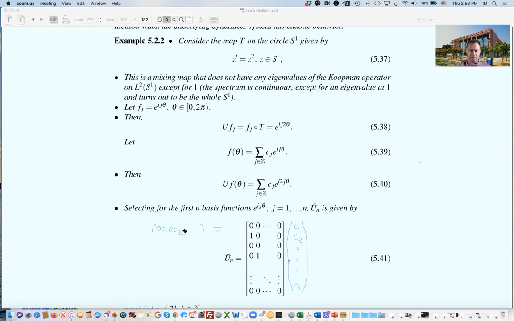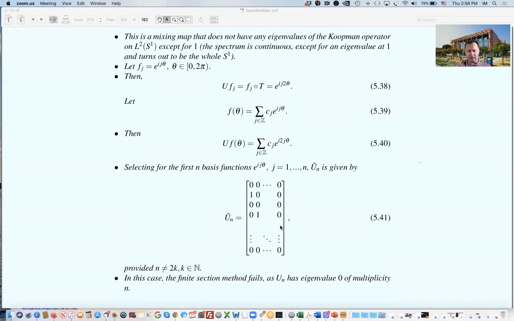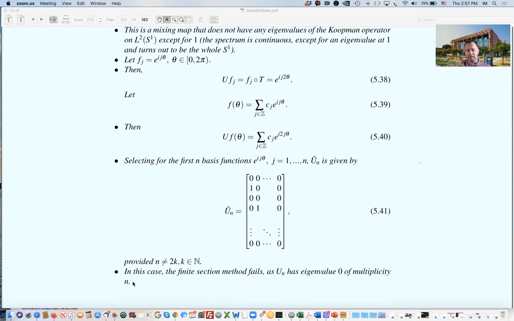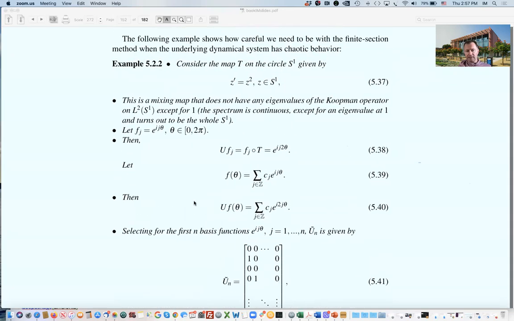And so it's easy to see that this matrix here, the finite section matrix, has only 0 eigenvalues, right? Everything that is non-zero is subdiagonal here. So it has only 0 eigenvalues of multiplicity n. But it is known that this map here has continuous spectrum, and it's actually on the unit circle itself. It's a measure-preserving map. These measure-preserving maps have the whole spectrum of the Koopman operator on the unit circle.